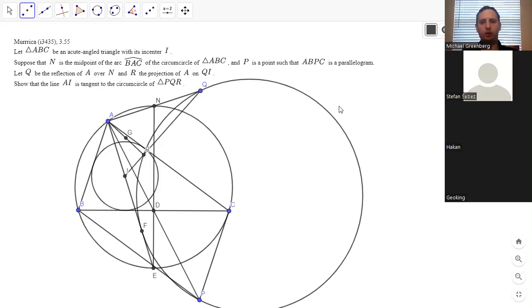So that should be G. Okay. And then you're saying NGI is 180 minus IDN. Yeah, it's the same theorem again, right? INA is IDB. Yeah. So we know that's cyclic. We are done.